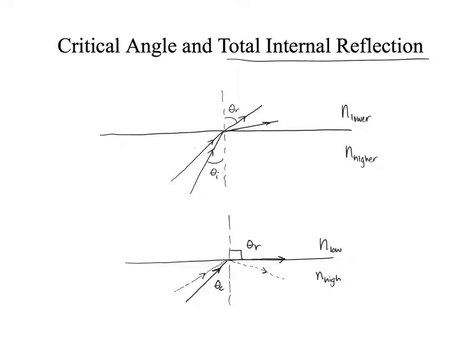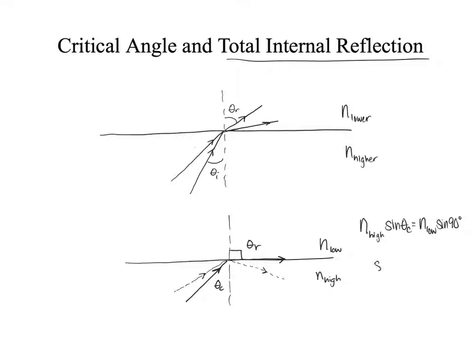Mathematically, we can find the critical angle by using Snell's Law and using the fact that our angle of refraction is 90 degrees. So we would say N high times the sine of the critical angle is equal to N low times the sine of 90 degrees.